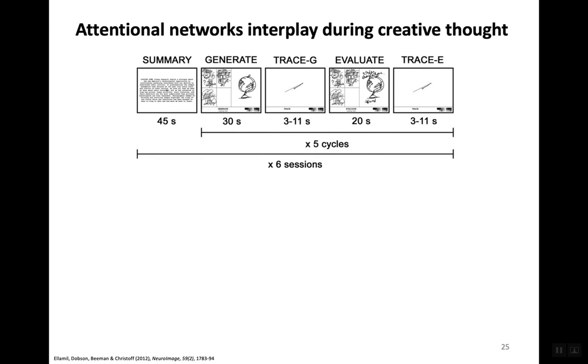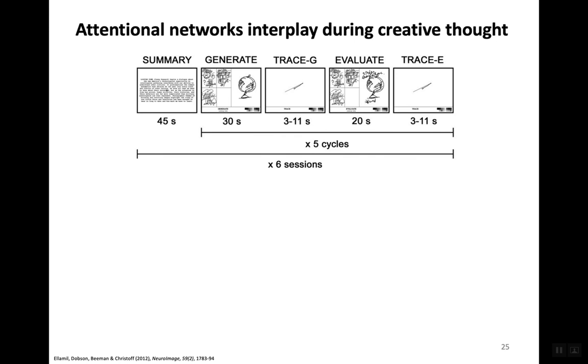And one study that looks specifically into that issue relied upon art students with demonstrably higher levels of creativity than most of us, for the purpose of studying creative thought in two different stages. So to be more specific, what they did in this study is ask art students to read a brief summary, a piece of text for 45 seconds.